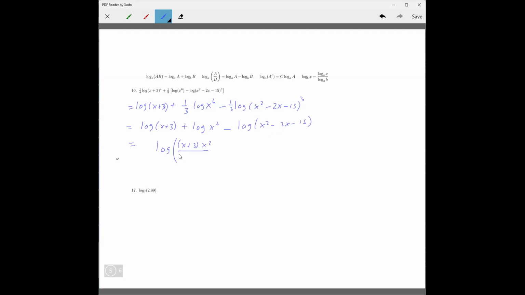This is a minus that goes in the denominator. And if you leave it like that, that's fine. That actually, you could, I'm not sure if this will work though.